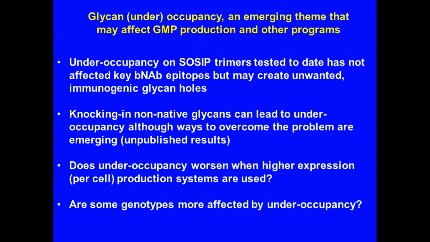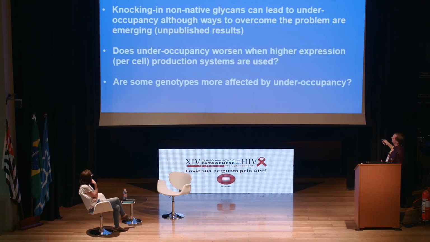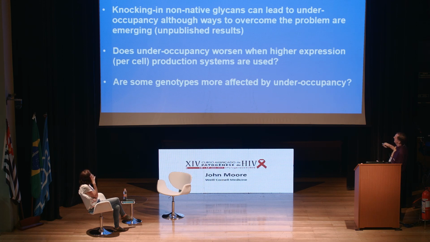But it may create immunogenic glycan holes, and we can improve this. We can improve glycosylation. Rogier Sanders and Max Crispin working together have found ways to overcome the problem. We need to be careful when we're making large amounts of these in high production systems because we could run into a problem, so we've got to watch out for it.